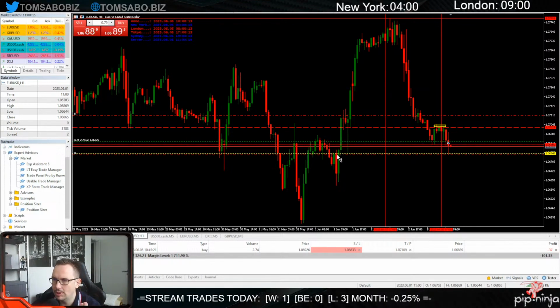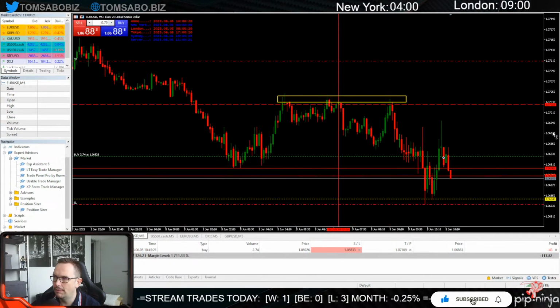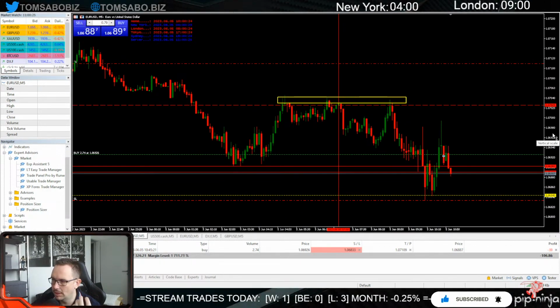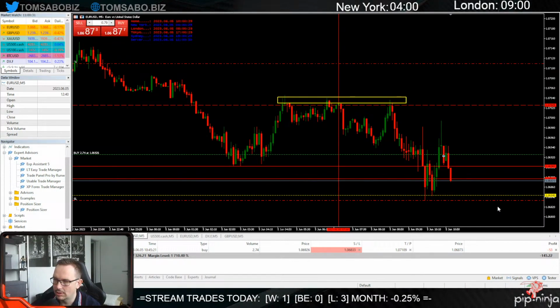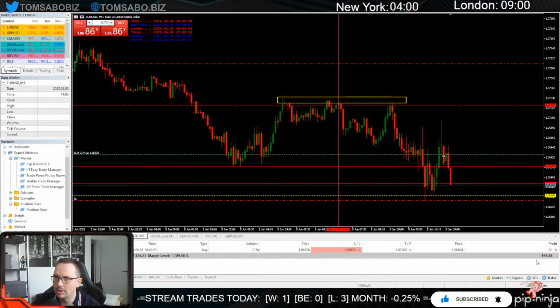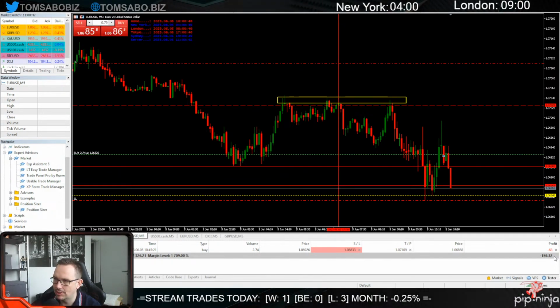And we tapped into a bullish order block, which unfortunately I think won't be enough for us to break out here. I think the euro wants to go deep down further. It wants to go into the bullish order block. So I think I should be closing down this trade.